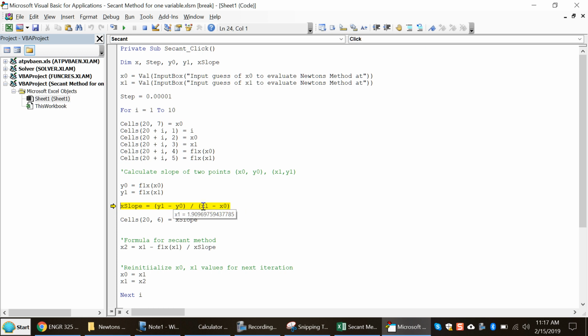I mean, here is the problem: if you look at x1 and x naught, see how they're the same? So what has happened is where I have 10 iterations, they are so close that when the computer divides them out, I'm getting 0. And so I'm getting 0 here on the bottom.